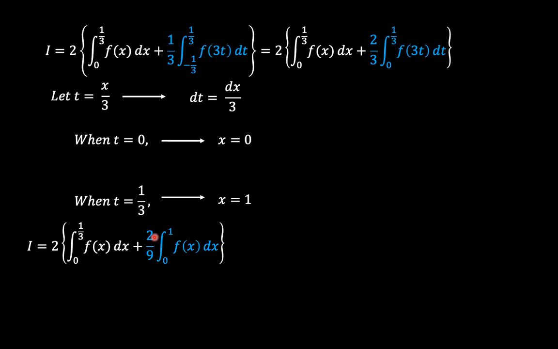Now, twice the integral from 0 to 1 of f(x) is the same as I. So our I is equal to twice the white integral plus 1 over 9 I.